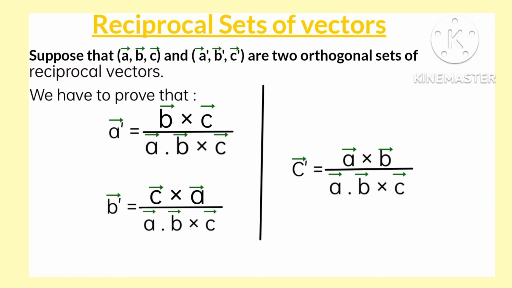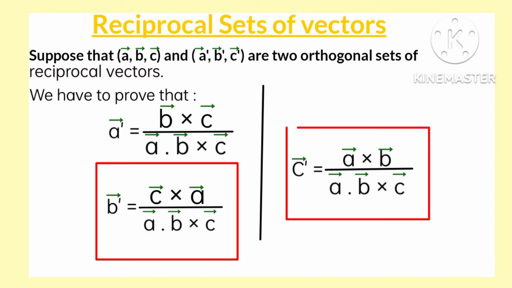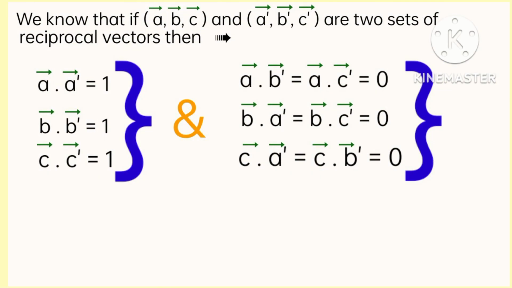In a similar way, we can prove the relation for B' vector and for C' vector, where we have to use the property of reciprocal sets of vectors as has been shown here.